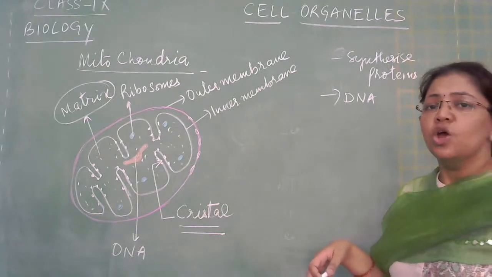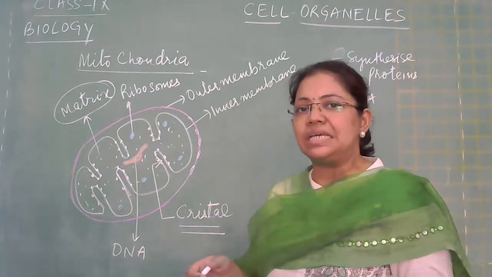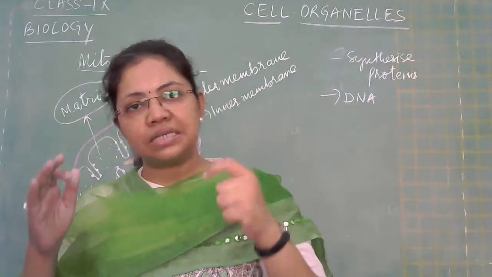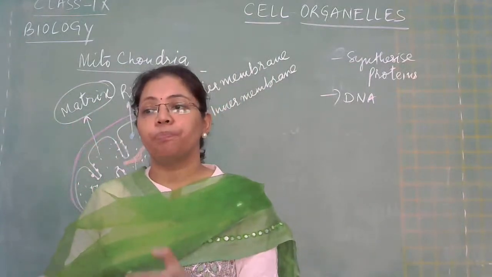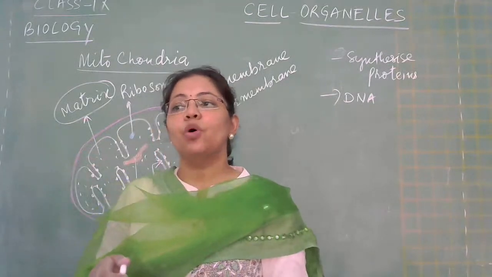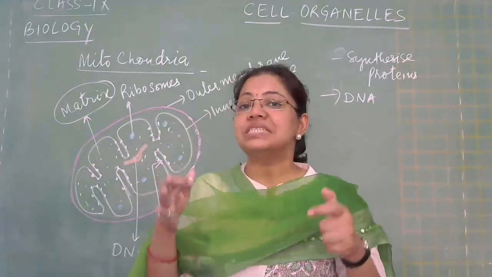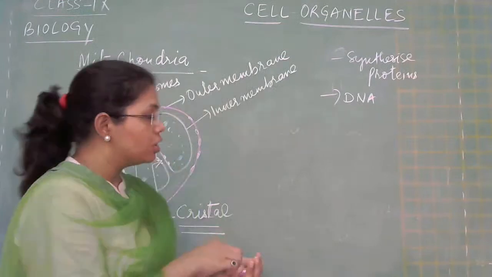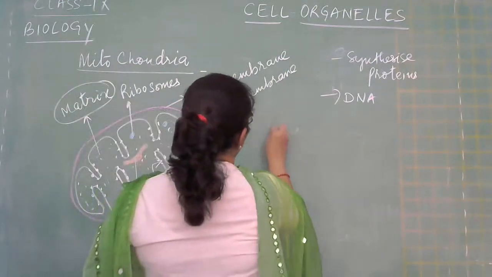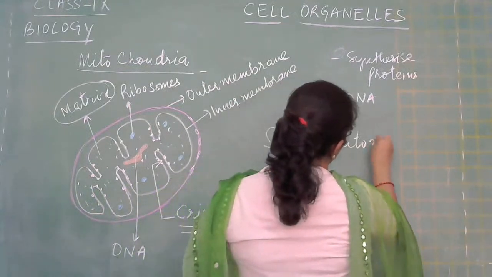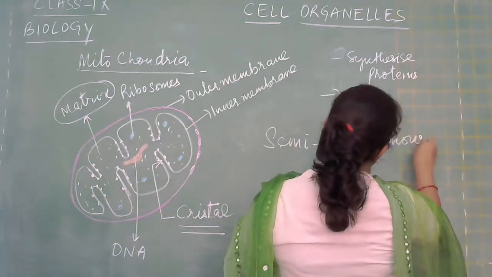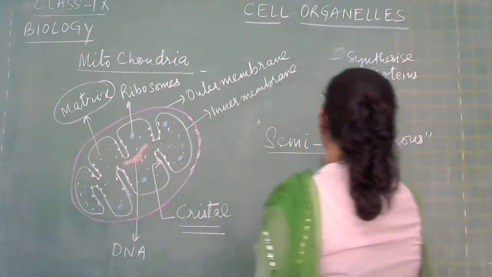It means some of their proteins they can synthesize even without the help of the nucleus of the cell, right? And because of this reason only, mitochondria is known as semi-autonomous cell organelle.